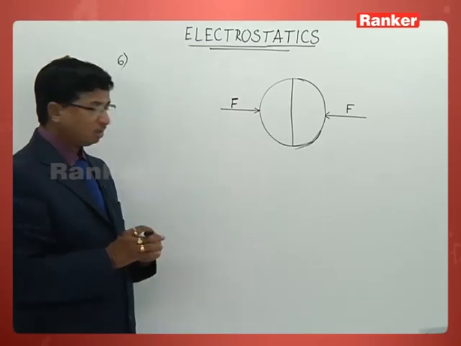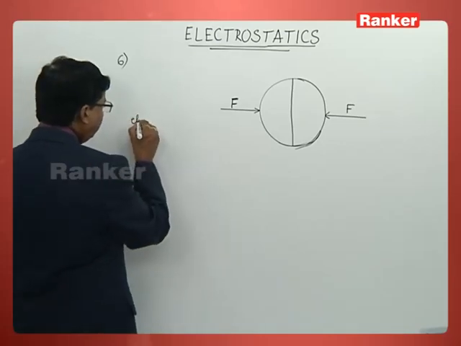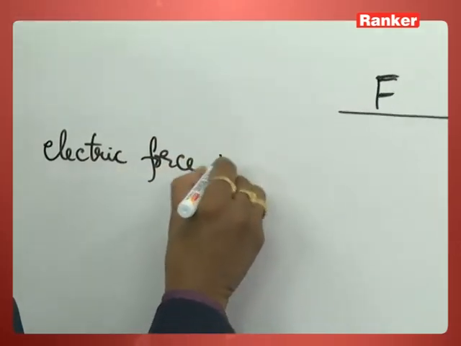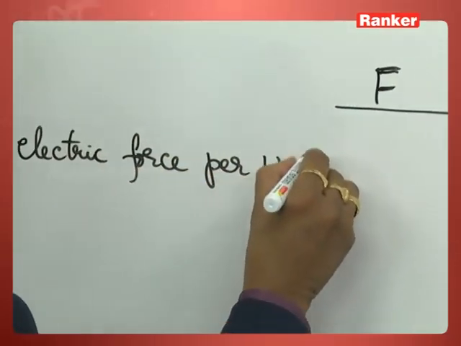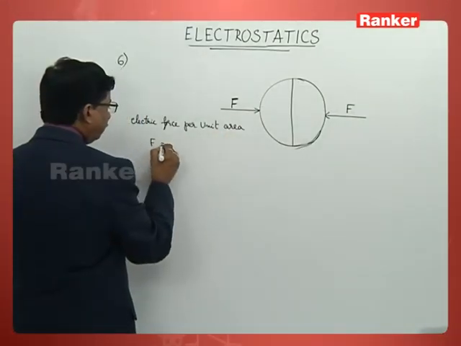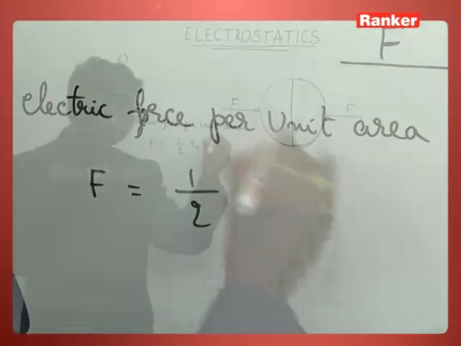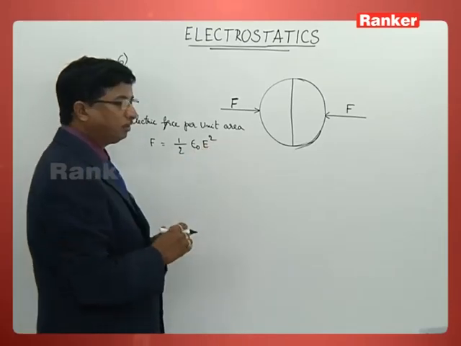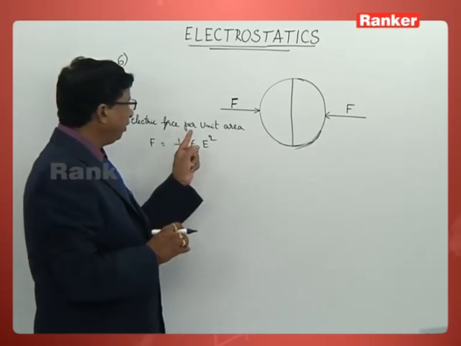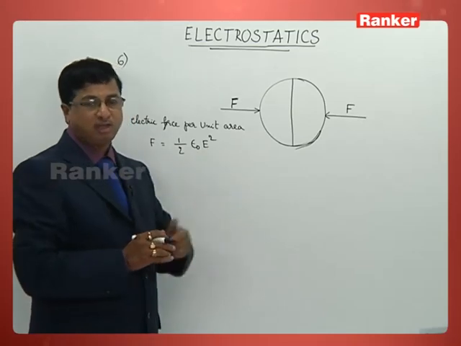But in this particular case, we know well what is electric force per unit area. It is half epsilon naught E square. There is a formula like this, all of you must have got this idea. That electric force per unit area is half epsilon naught into E square.